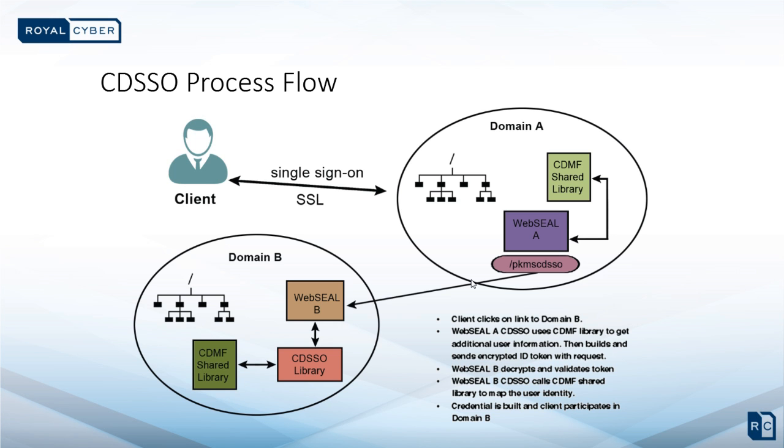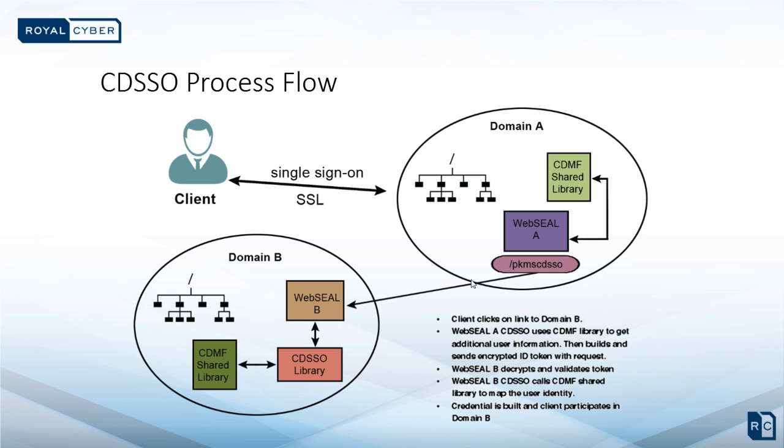create module to build an authentication token that contains the user credential, including the Security Access Manager identity, that is the short name, in the current domain, that is domain A, and all other additional user information and a timestamp as well. So the token create module can obtain extended user attribute information that can be used by domain B during the user mapping process.